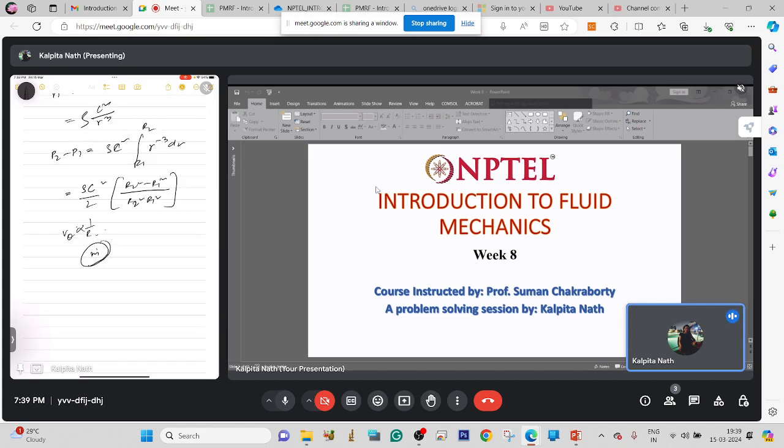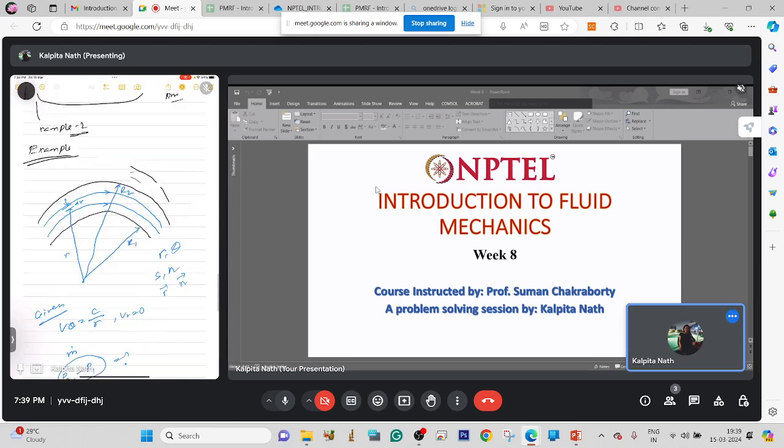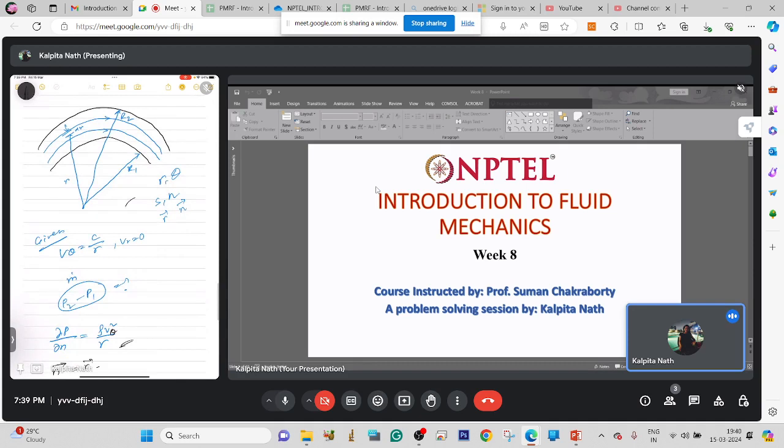So how do we find m dot? If we go back to this diagram, we have selected a small region over here. It's given that the width of the duct perpendicular to the plane of the figure is B, and the area of this strip will then be B dr, right?